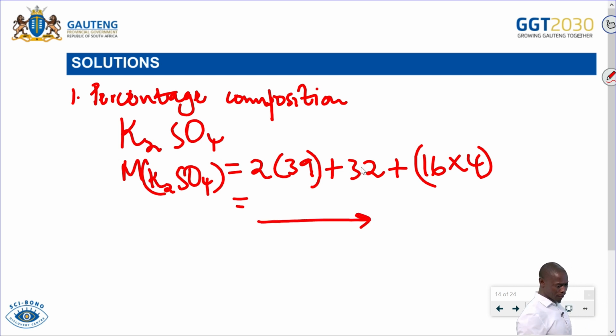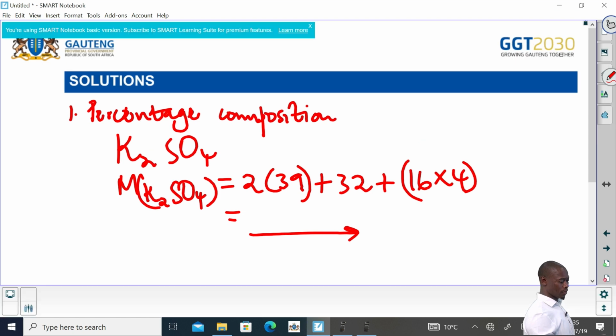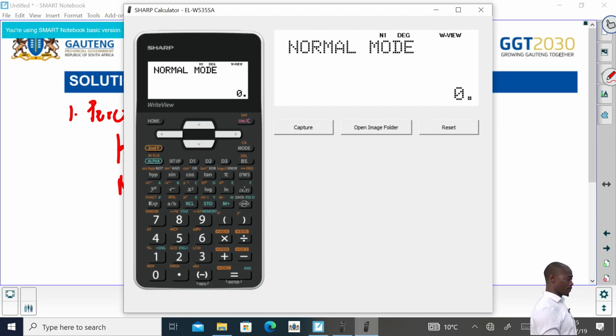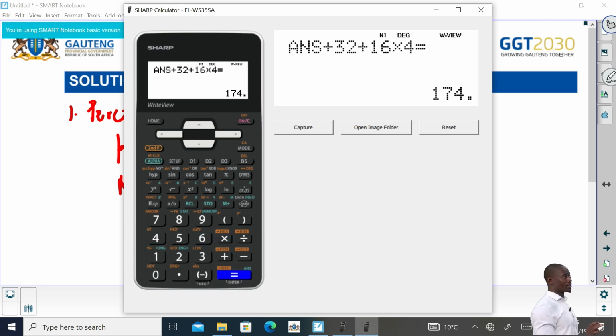So let's use our calculator. You have 2 multiplied by 39, which is 78. So it's 78 plus 32, plus 16 times 4, which is 174.